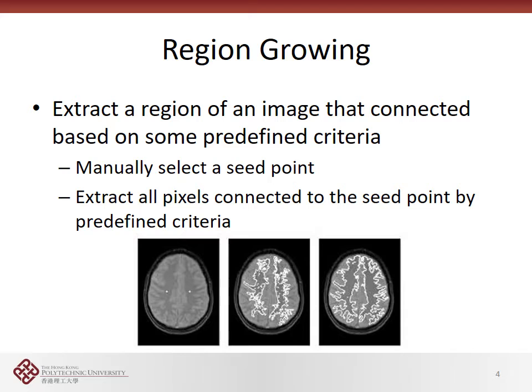First, we ask the users to manually select a seed point. Then, based on the seed point, we extract all pixels, or voxels in 3D images, connected to the seed point by predefined criteria.